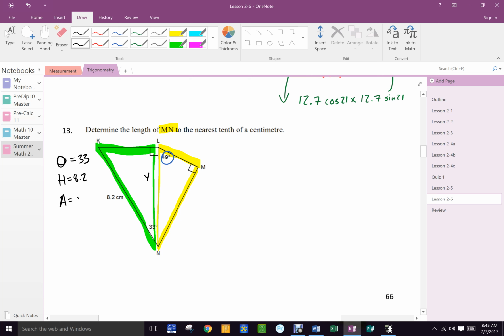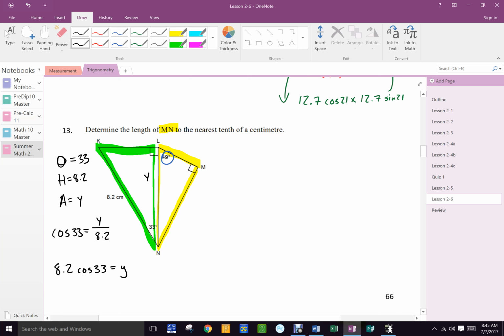So my adjacent equals Y. What uses A and H? Cosine, correct? So this cos 33 equals adjacent Y over hypotenuse 8.2. Number on the bottom, multiply or divide. 8.2 cos 33 equals Y.